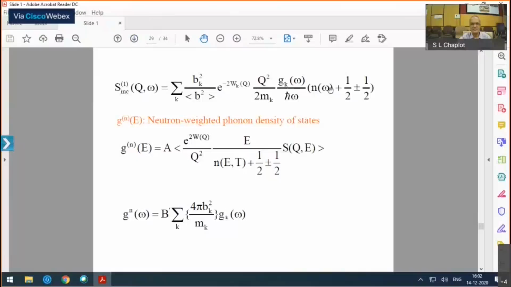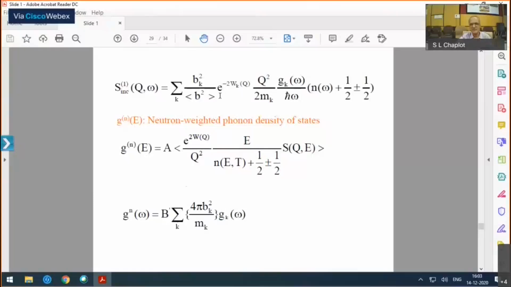All right, so this was what we said. So what we define here is a neutron weighted phonon density of states. There are various terms used here. Some people call it generalized phonon density of states, but I just prefer neutron weighted to say that yes, we are talking of a phonon density of states that is measured, which is weighted by the neutron scattering cross sections.